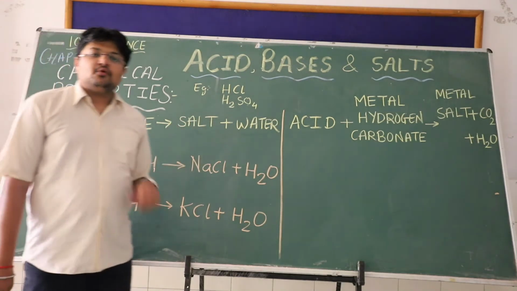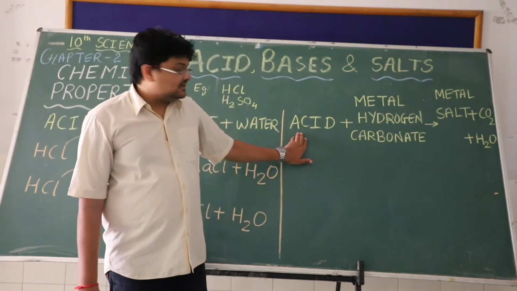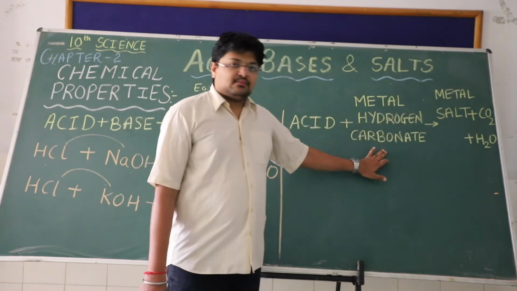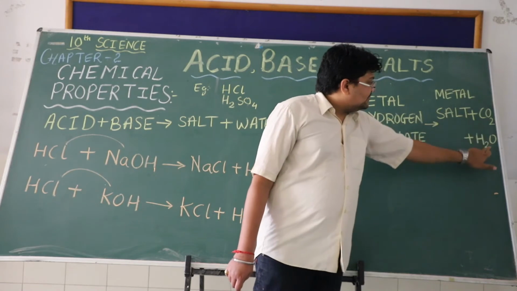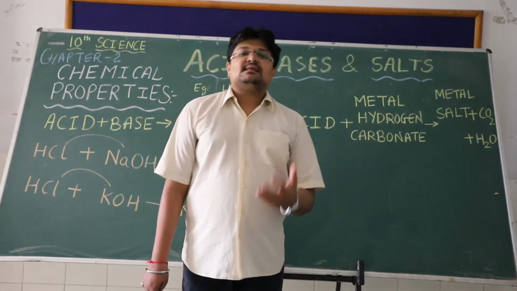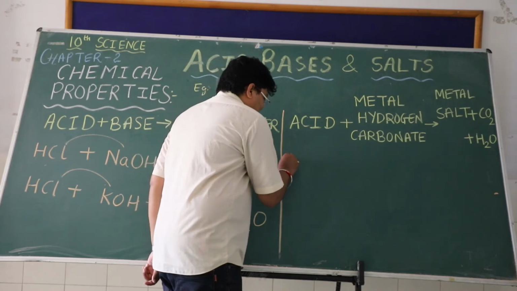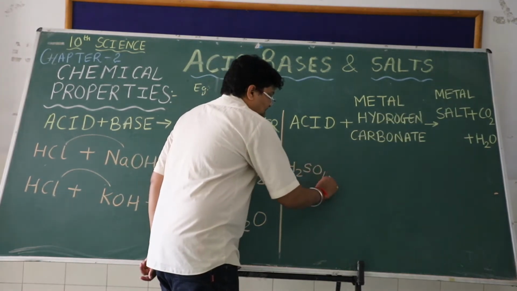Now let us go to the fourth chemical property of acid. The fourth chemical property is when acid reacts with metal hydrogen carbonate, it forms metallic salt plus carbon dioxide plus water. So let us give an example for this. Let me take acid as H2SO4, sulfuric acid.